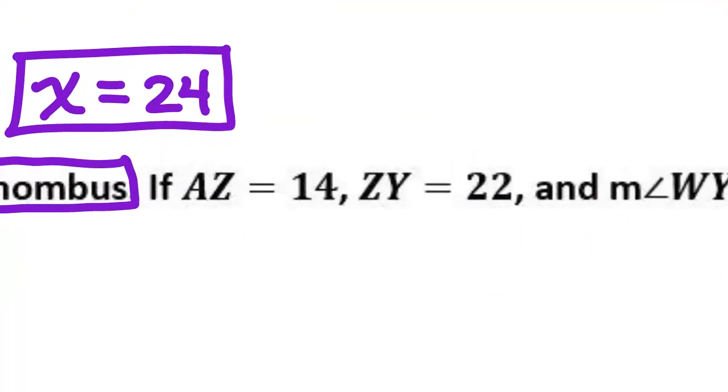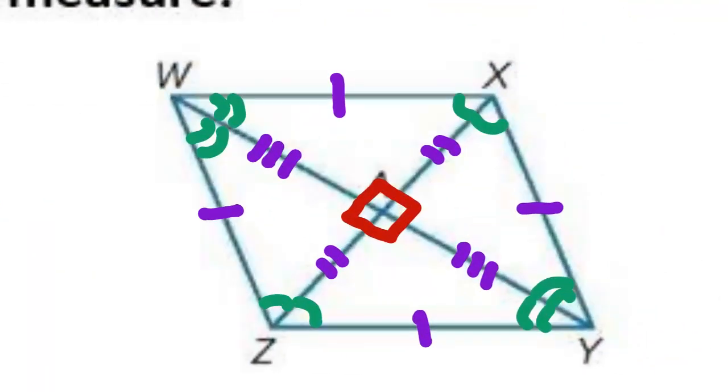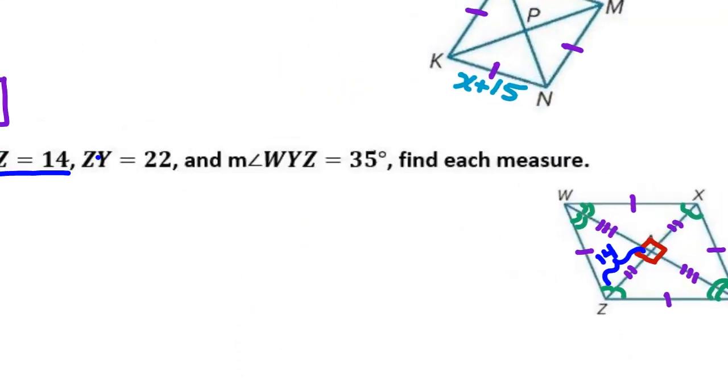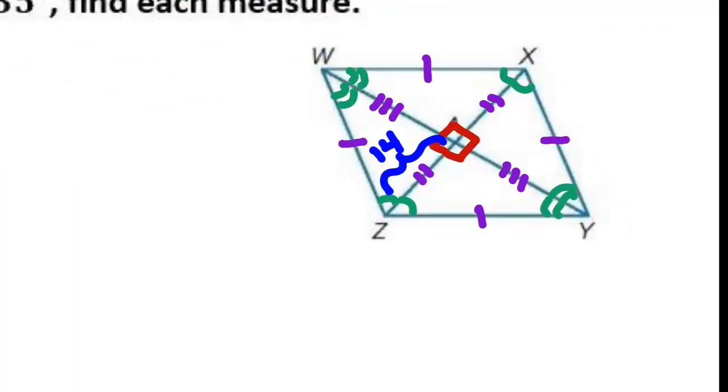All right, and then let's take the information that they've given us and add it to the picture. It says AZ is 14. So here's AZ. That segment is 14. It tells me that ZY is 22. Down here is ZY.